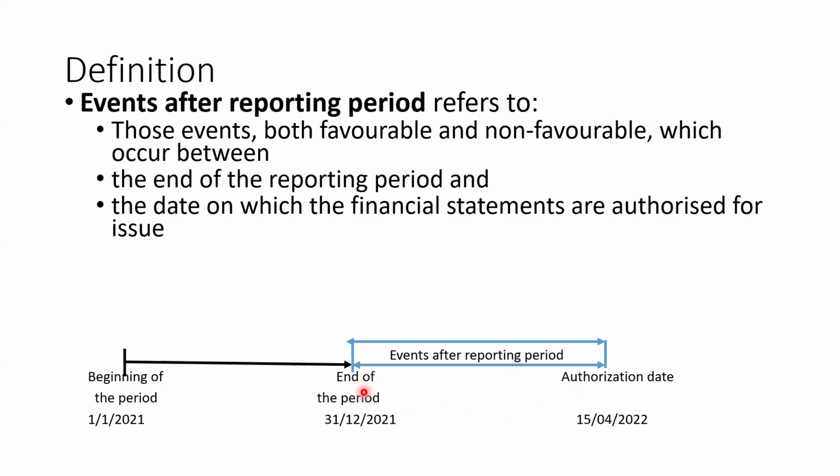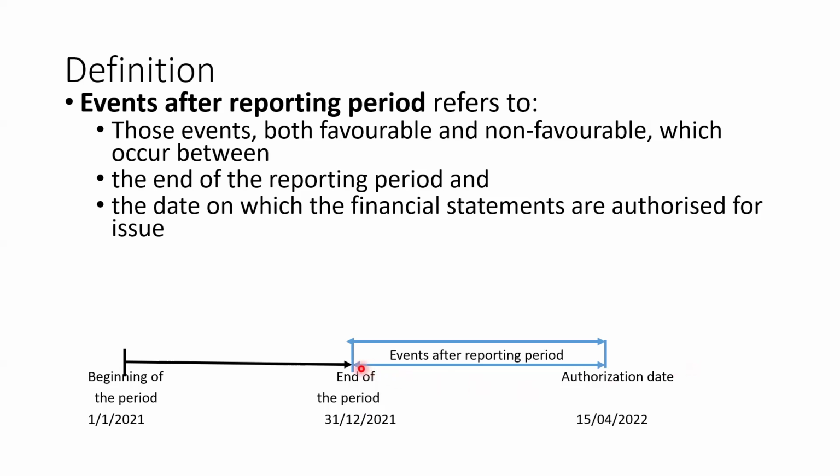After the reporting date, after 31st December, the financial statements do not become available on 31st December, although the reporting date is 31st December. After the reporting date, it takes some time before the financial statements are prepared and auditors come in to audit them before finally the financial statements are authorized for issue.